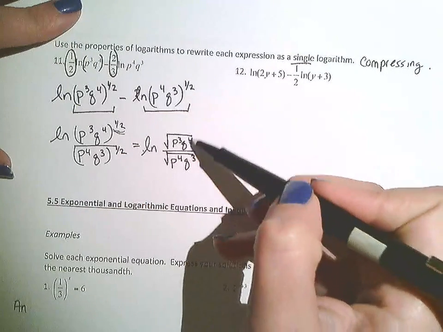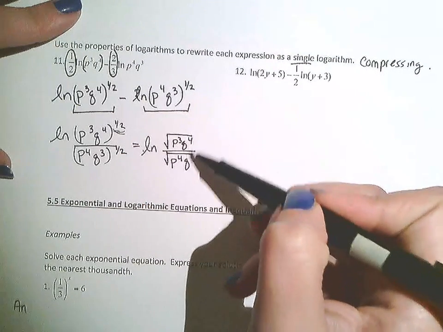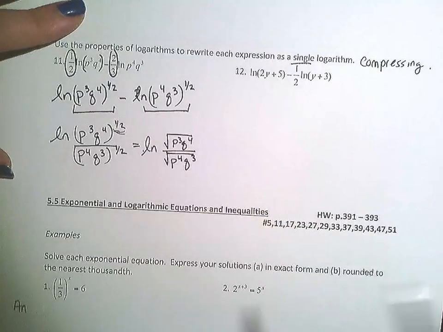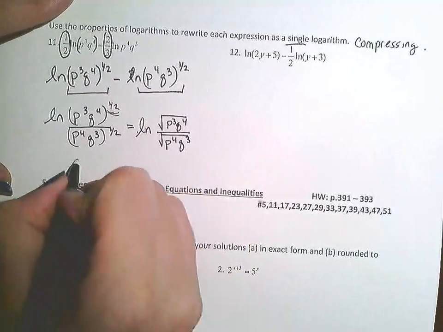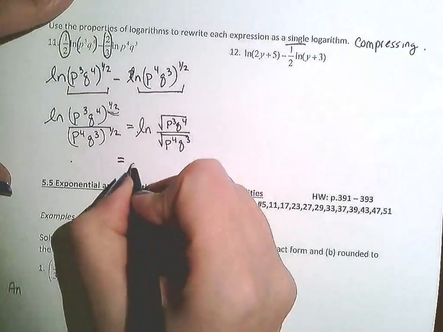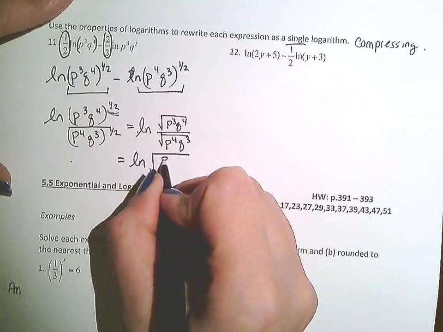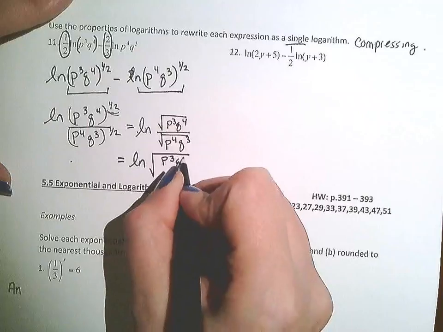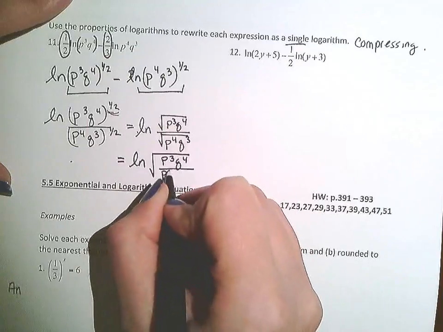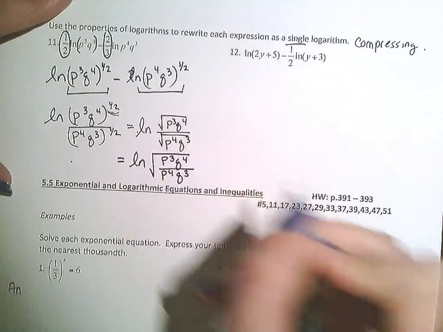And technically these are both the same exact root, so I can put these guys together under one square root. So p third q fourth over p fourth q third.